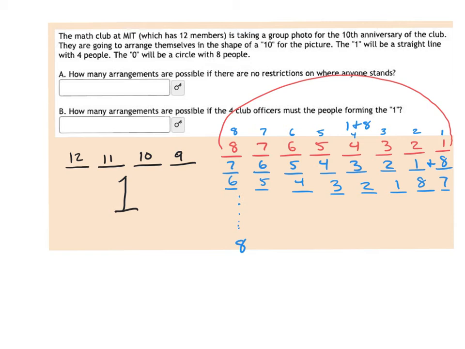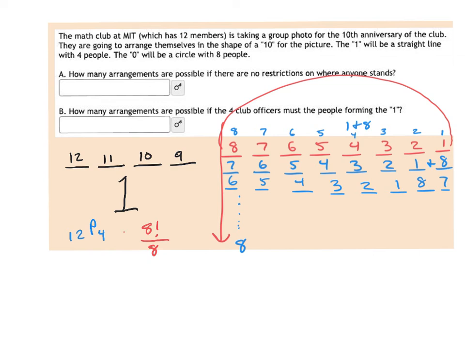So in the first one, to figure out how many people there are, I could just do 12P4 because the order matters. So I'm going to take of the 12 people, I'm going to choose 4 of them. In the second one, since I'm using all of them, it's just going to be 8 factorial. But because there's 8 different arrangements that mean the same thing, I have to divide that by 8.